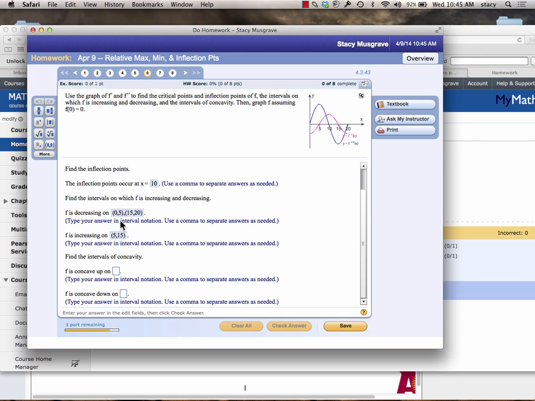But my question is, why don't we include the 0 and the 5? Because you use strictly less than and strictly greater than, right? Why isn't f decreasing at 0, and why isn't it decreasing at 5?